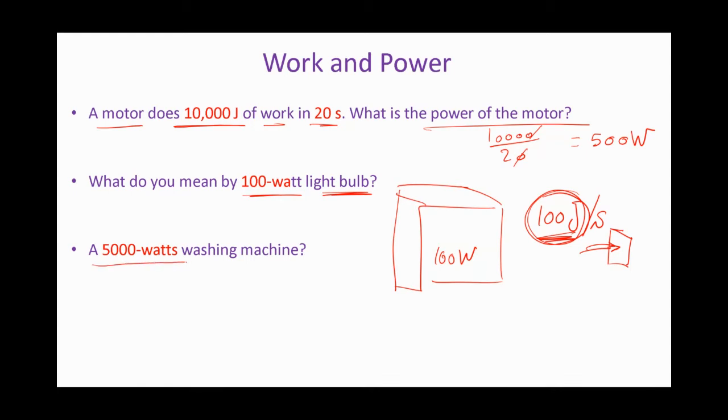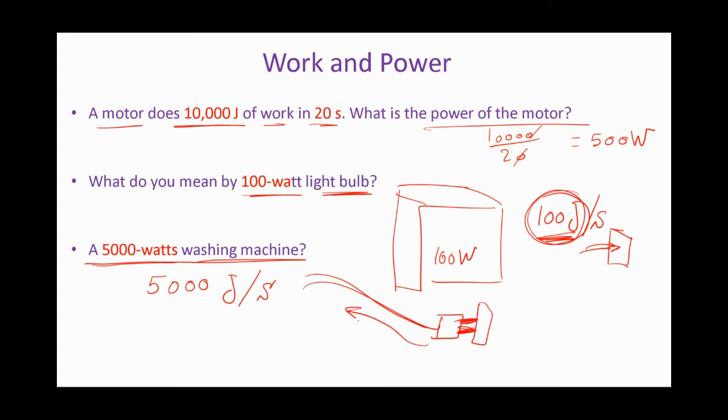A 5,000 watt washing machine. What does it mean? This machine consumes 5,000 joule every second. When you put the plug in the outlet, it will draw a current, and there is a voltage, of course.